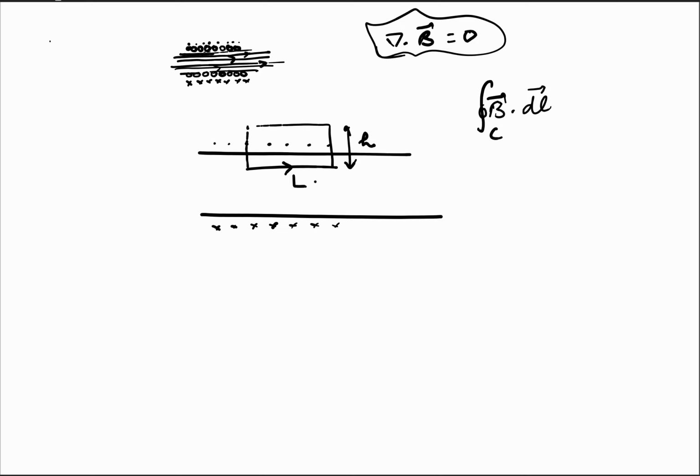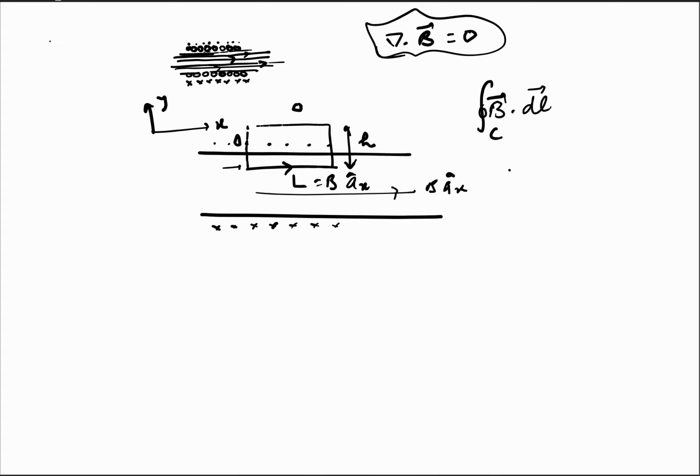So here B will be B along x, and we know that B is only along x. Here it is 0 and here it is also 0. So let us say this is X direction and this is Y direction.